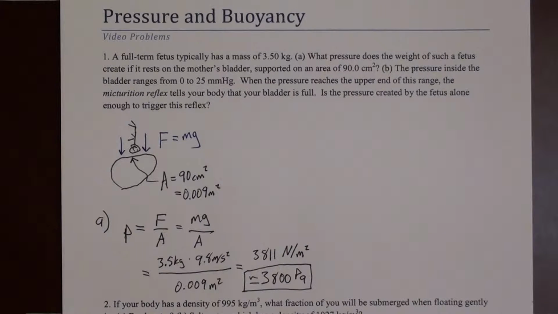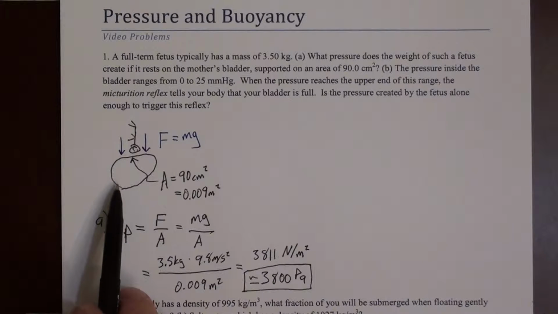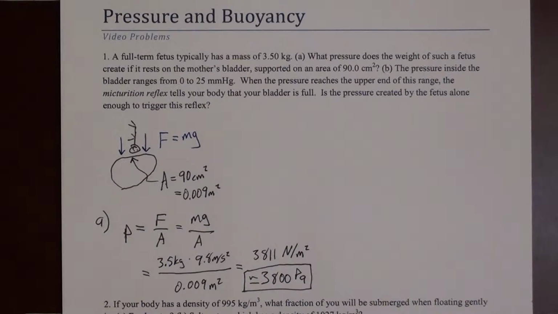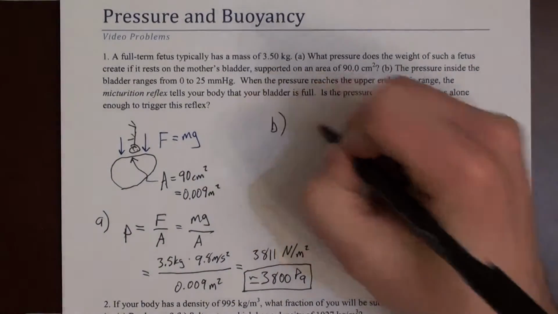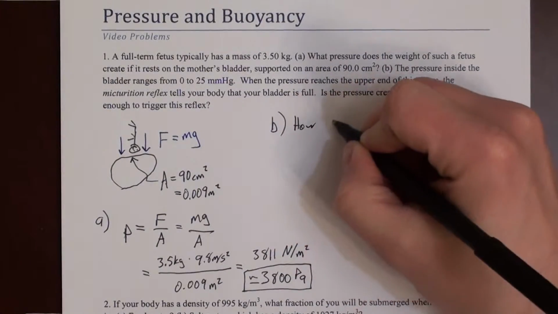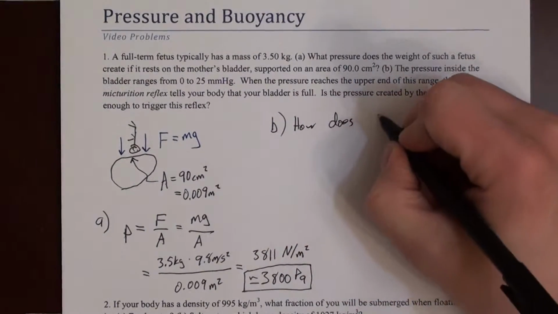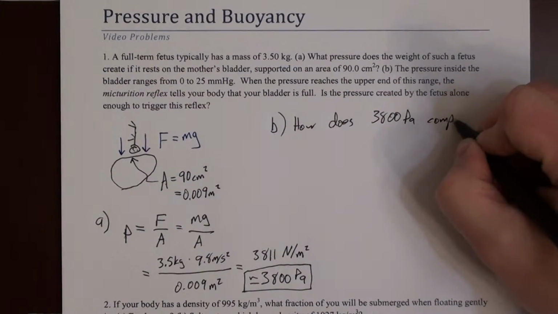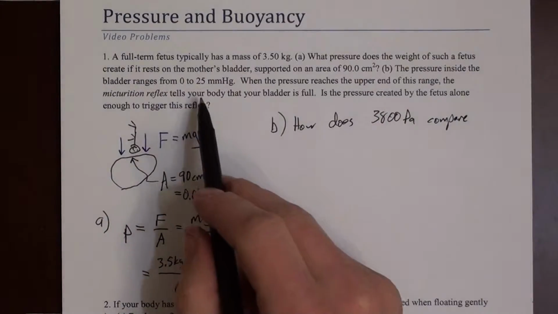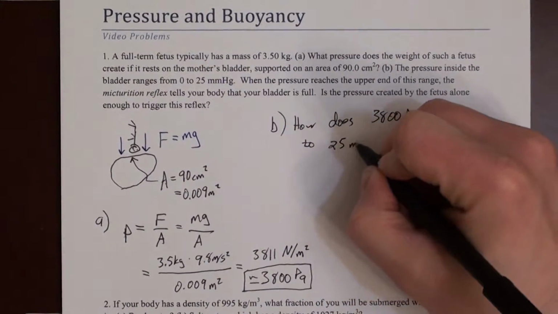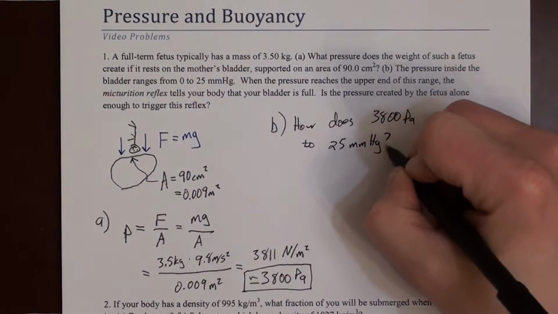So the question is, is this pressure created simply by the fetus on a bladder enough to trigger this reflex? So question B is simply asking, how does 3,800 pascals compare to the upper end of this range? So I could say to 25 millimeters of mercury.